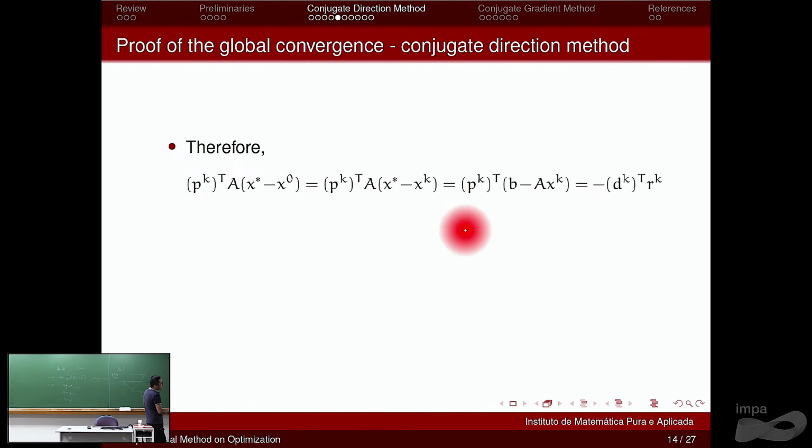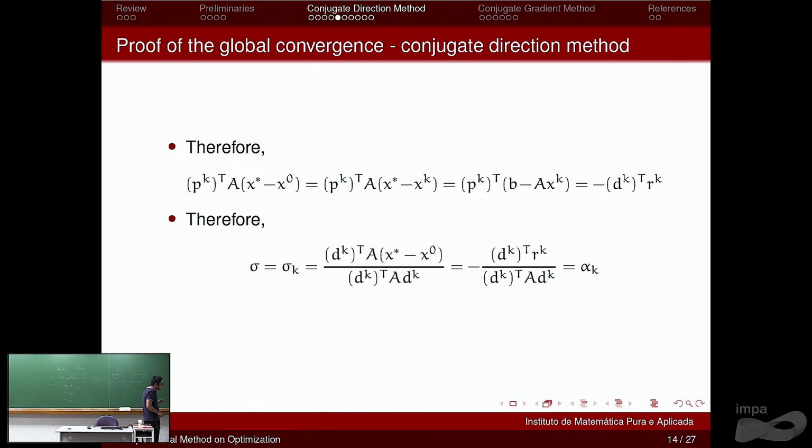So this equals Dk transpose (b minus A xk). Then by the definition of the residue, b minus A xk is just the residue, so this equals Dk transpose rk, up to a sign. Sorry for the typo: this pk should be dk. So then we have sigma k equals this term.